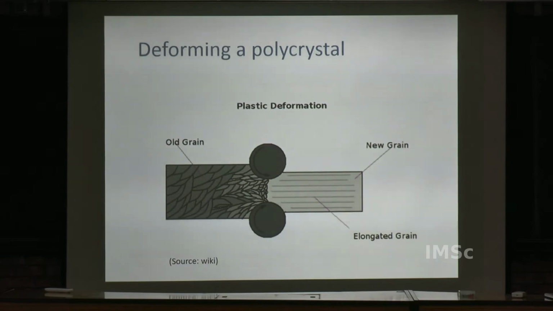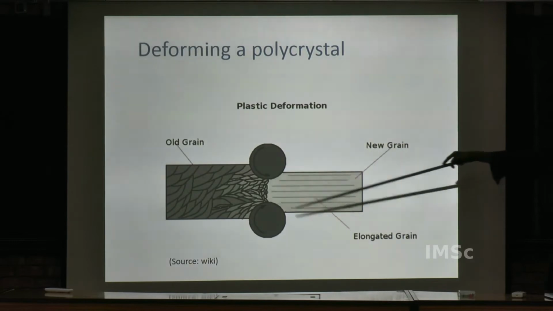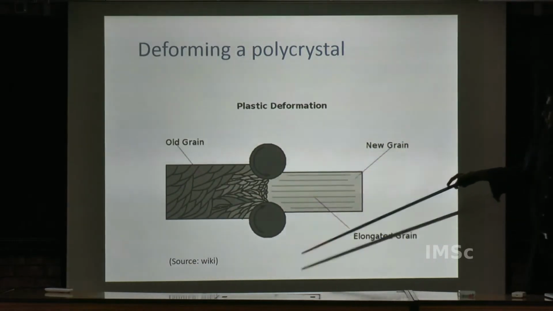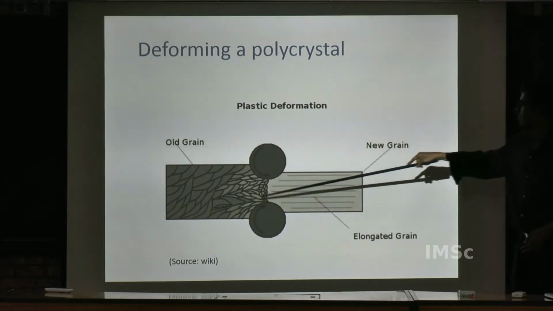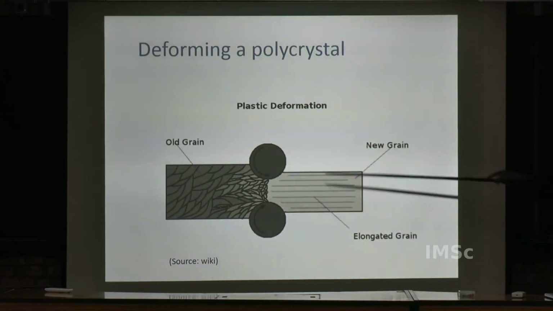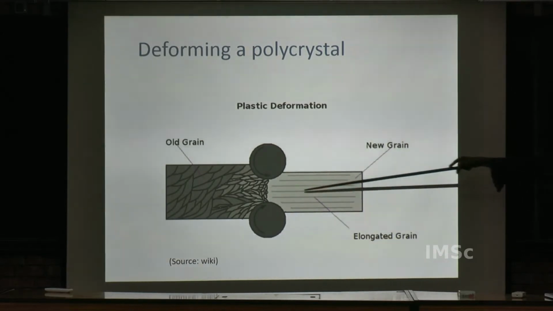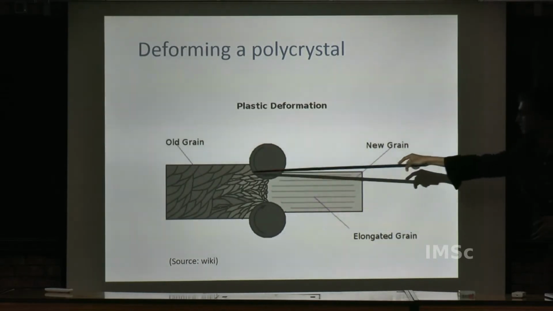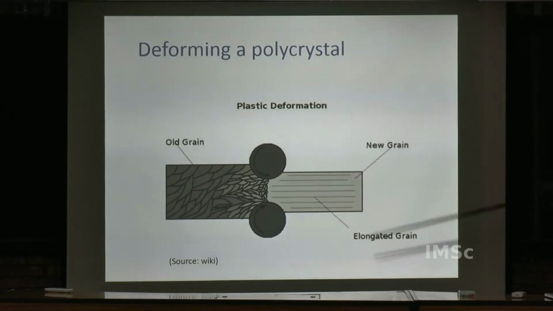Now, in industry, if you want to control this grain structure, this is a very typical scheme. This is just a cartoon diagram taken from wiki: you have a certain type of grain structure and you put it into a roller, which makes a thinner sheet out of the thicker sheet, and also modifies the grain structure.